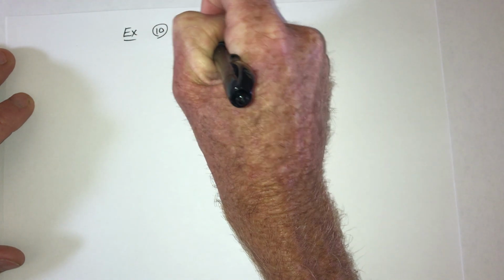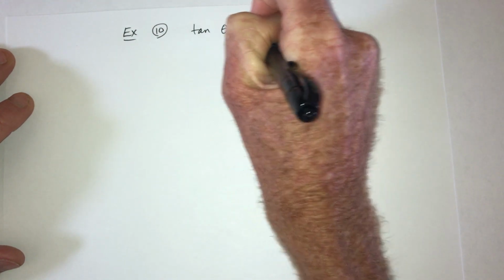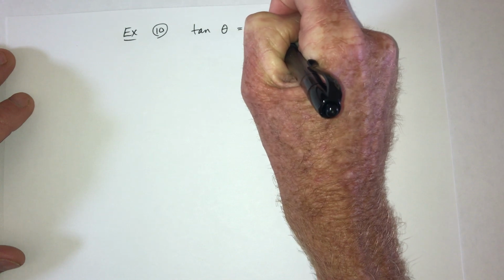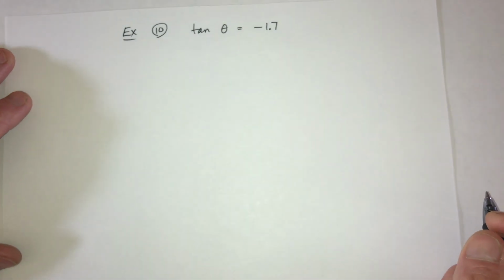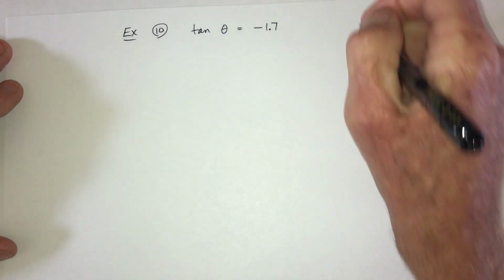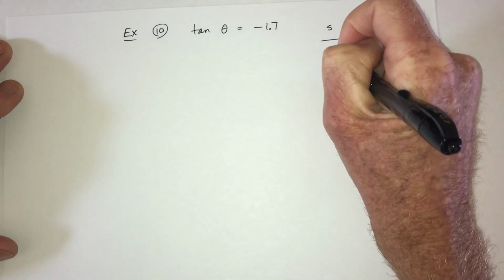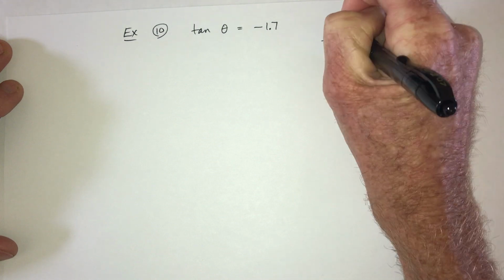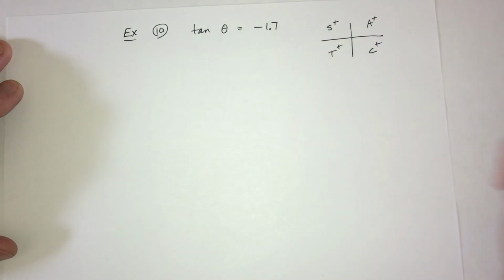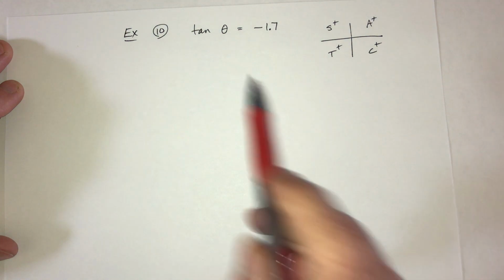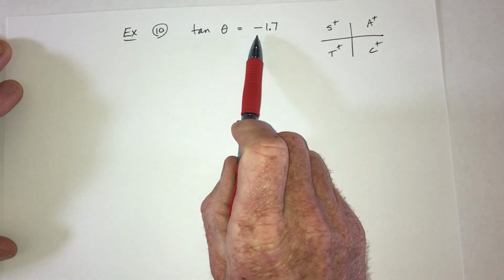So let's say tangent of theta is equal to a negative 1.7. Then find the two solutions. A smart trig class tells you when they are positive. Now this one is saying tangent equals a negative.